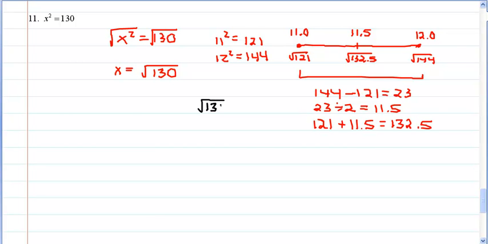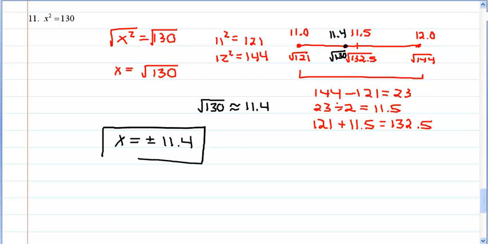So if we are trying to estimate the square root of 130, I would place it right about here and say that it's either about 11.3 or 11.4. So x is equal to plus or minus 11.4. Always include the plus or minus when you're solving an equation.